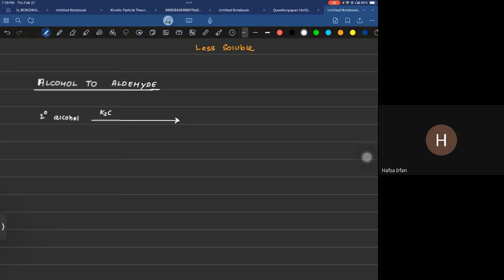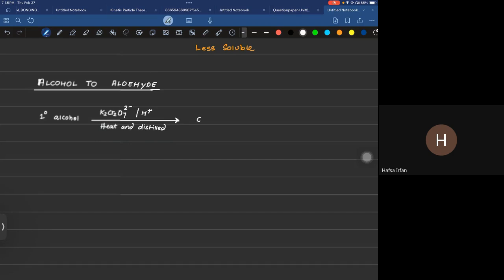In this case, K2Cr2O7 2− / H+, heat under reflux or heat and distilled. अगर तुमने इसको heat under reflux किया तो it would not be producing your aldehyde बल्कि वो क्या बन जाएगा carboxylic acid. I don't want to produce carboxylic acid, so you have to provide like the certain condition.